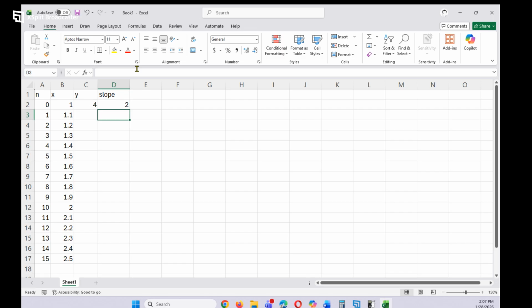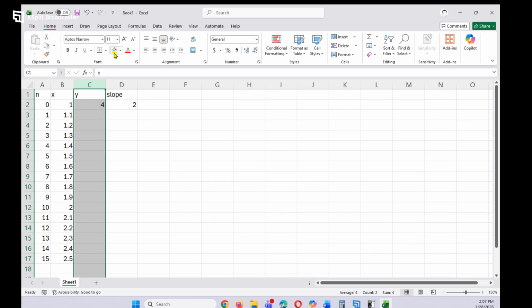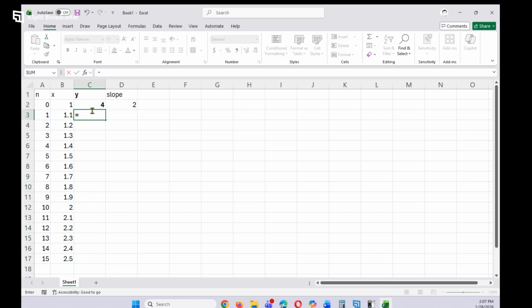Okay, so we have that too. And this cell, focus on this. Now this is equal to the previous one plus the step of 0.1 times whatever slope we have previously. That gives 4.2. Okay.